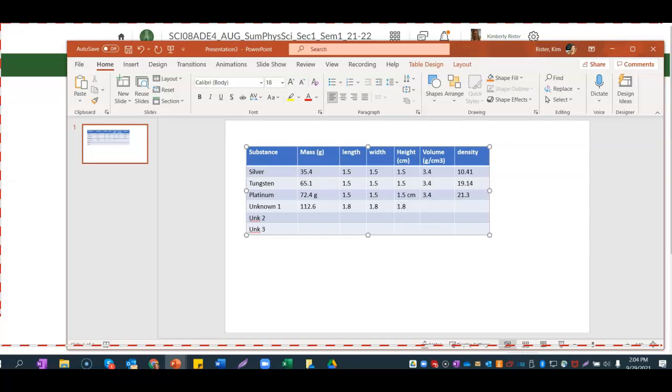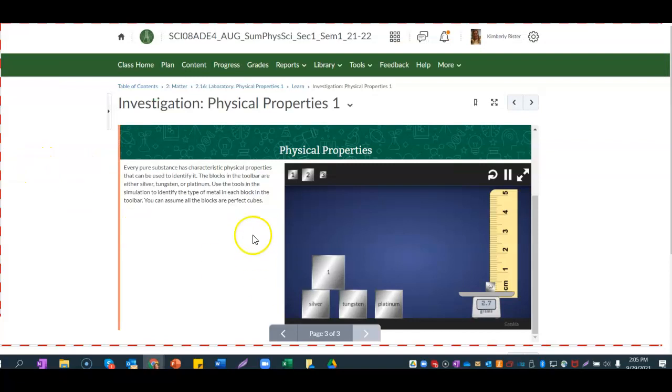So the volume, if you multiply that, 1.8 times 1.8 times 1.8, that is 5.83. And the density of that, if you divide the mass, 112.6, divided by the volume, 5.83, equals 19.3. All right, so we're ready to go back to the unknown substance 2.